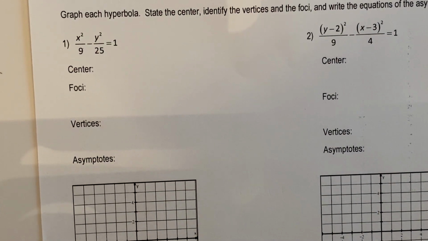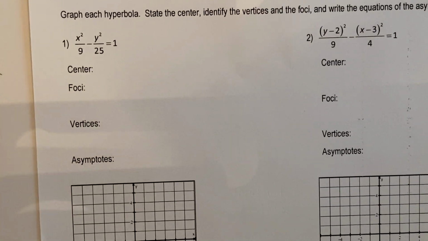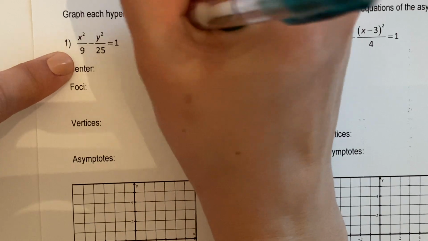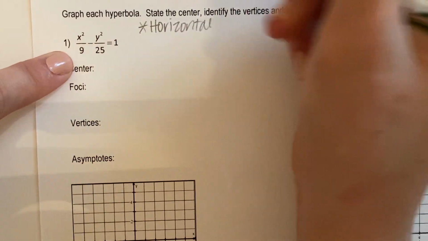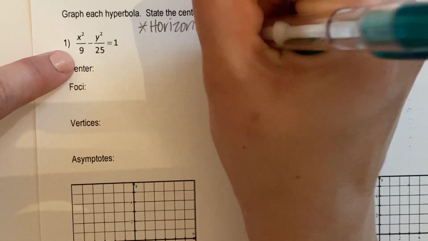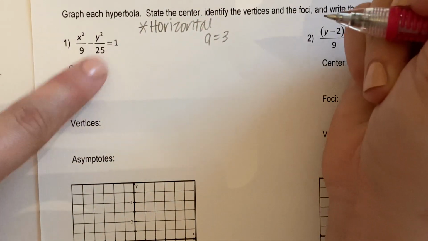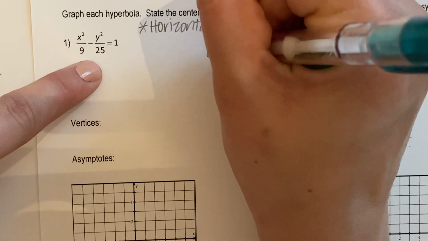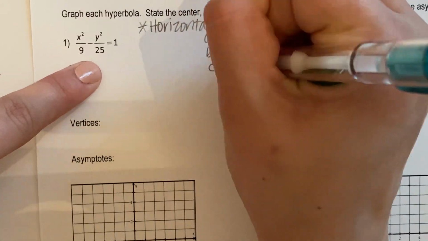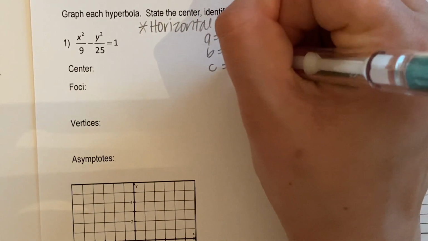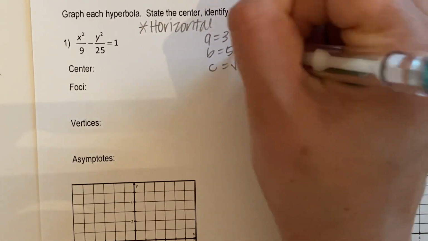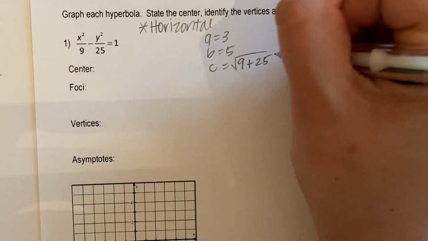So let's look at this one. First, I'm gonna decide that X comes first, so it is horizontal. A is the first number, so A is 3. B is the second number, so B is 5. To figure out C, 3 squared is 9. Let's do this. 9 plus 25.